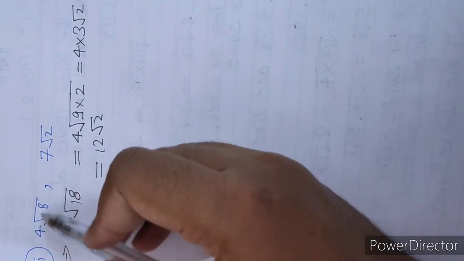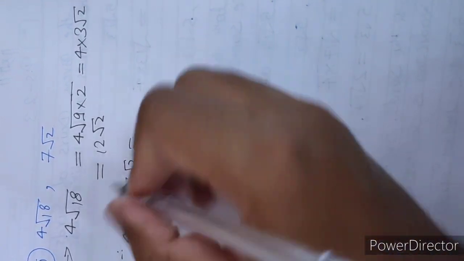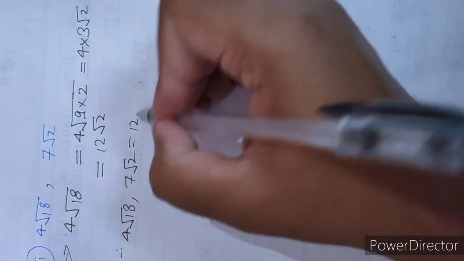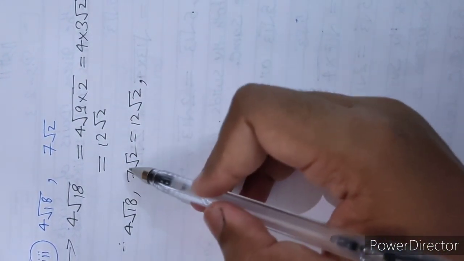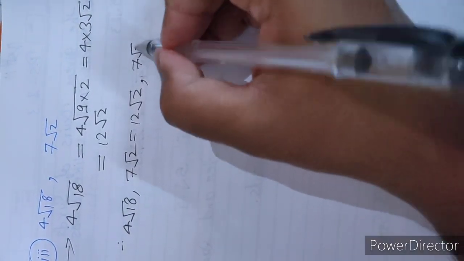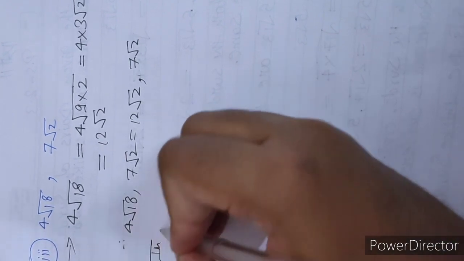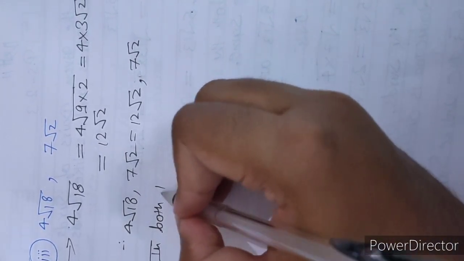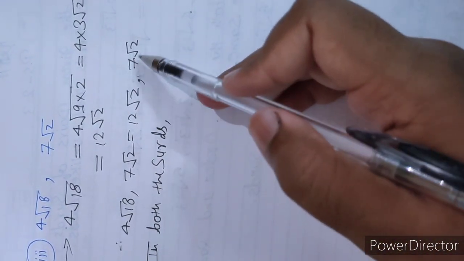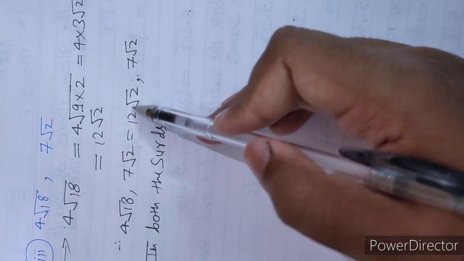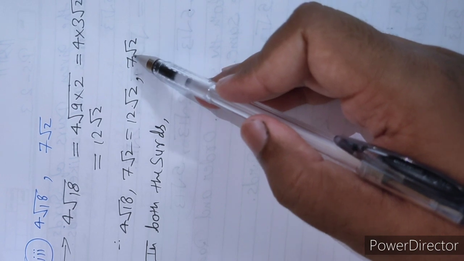So here we had two surds. First one is 4 root 18 and second one is 7 root 2. 4 root 18 we simplified, we got 12 root 2, and the second surd is in simplified form, so we will write it as it is. Now in both the surds, what we are observing here is that the order of both the surds is same as well as radicands are same.